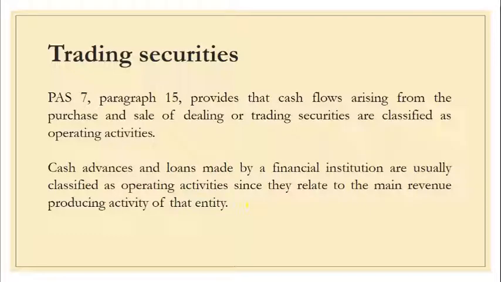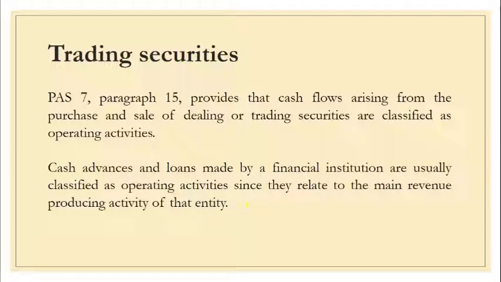So for example, when we are talking about financial institutions, they usually deal with loans, advances, or mortgage payables and so on and so forth. So that is their ordinary course of business, that is their main revenue producing activity. However, for some companies, since they are dealing with financial institutions, they would include it as part of their financing activities.